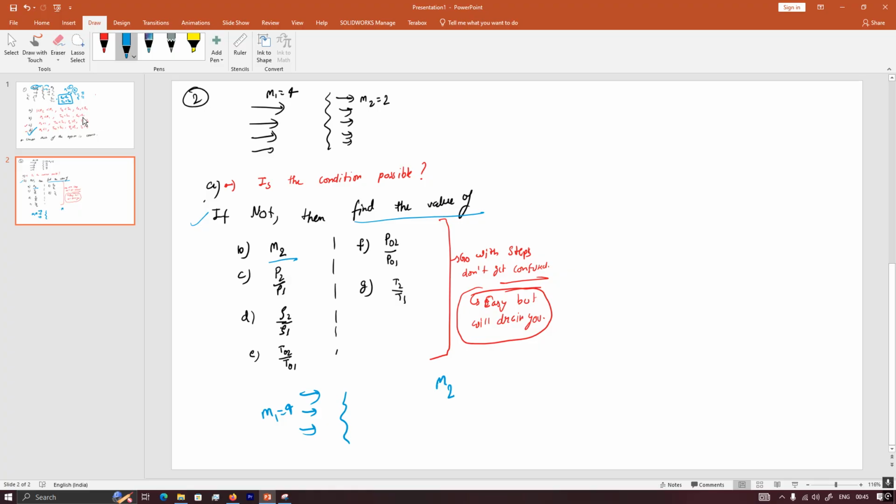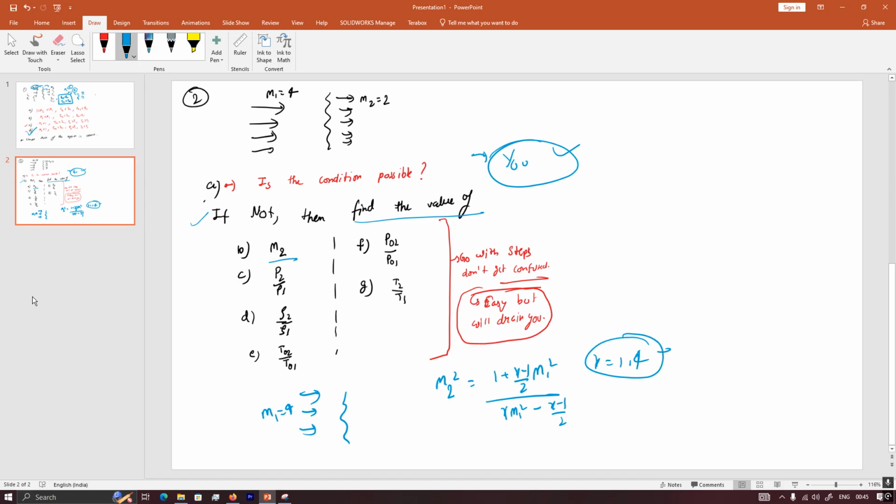So we have the formula m2 square equal to 1 plus gamma minus 1 by 2 m1 square upon gamma m1 square minus gamma minus 1 by 2. And since it's air, or nothing is mentioned, you'll assume that it is talking about air. If you are talking about air, your gamma will become 1.4.